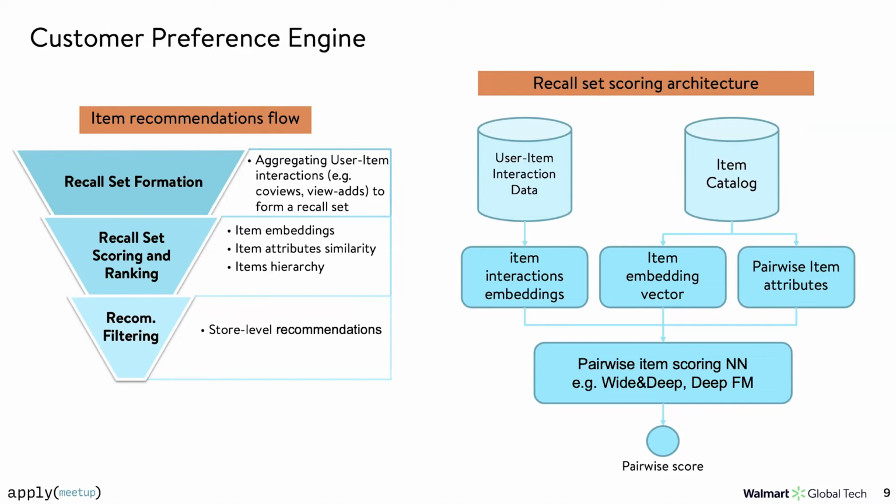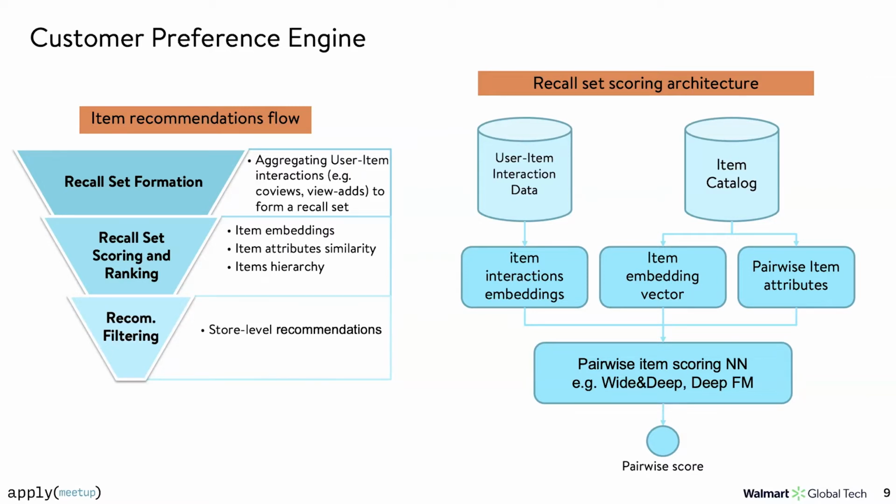Also, pairwise item attributes are extracted from the item catalog. All these different feature data are fed into our pairwise scoring algorithm. What we use is a wide and deep algorithm.